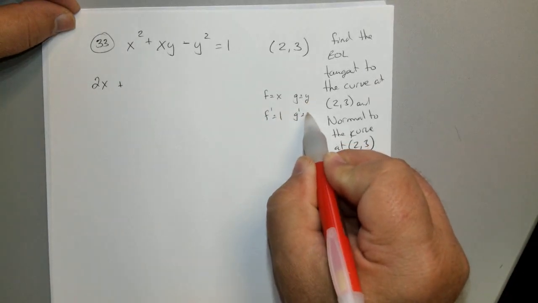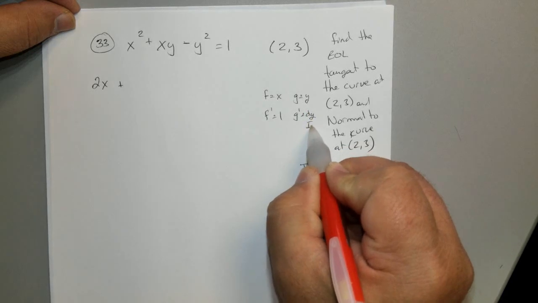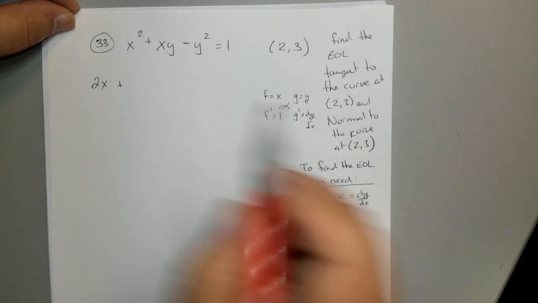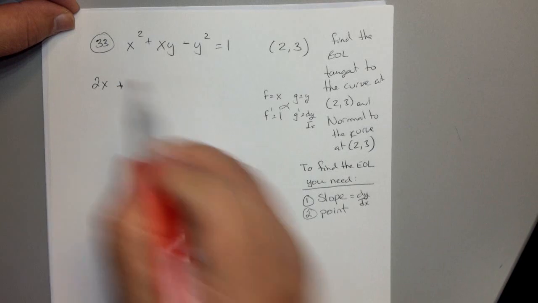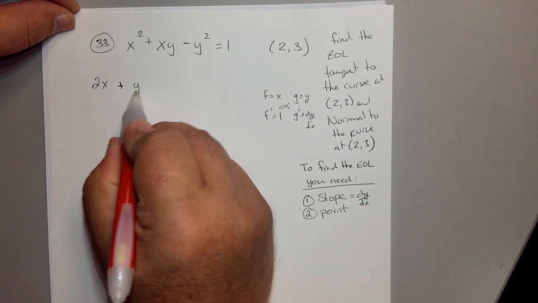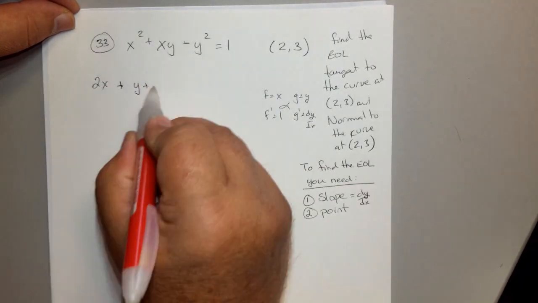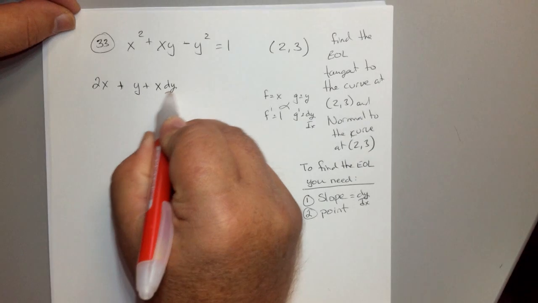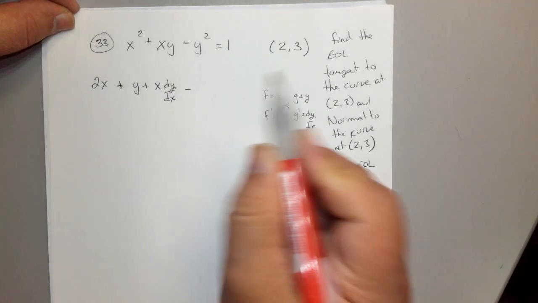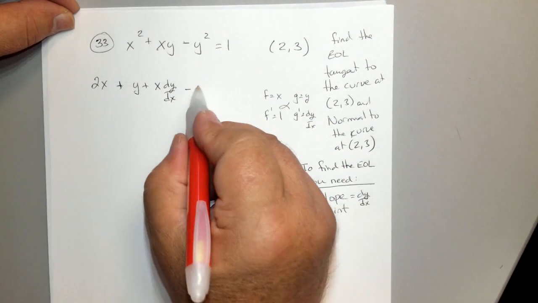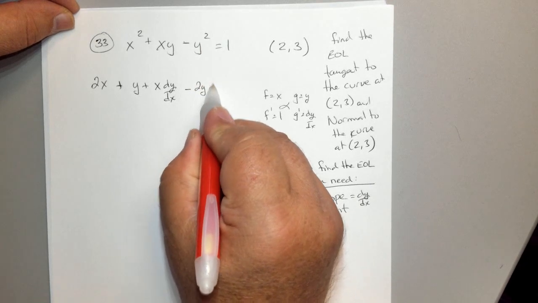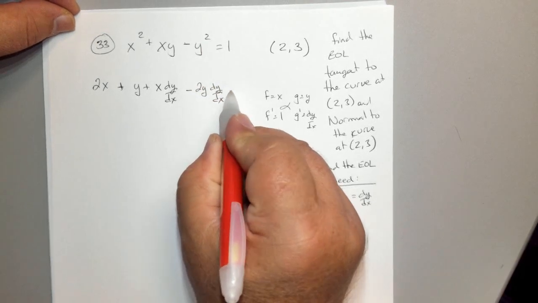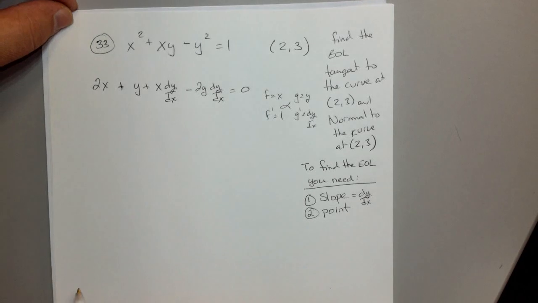Derivative of y is dy/dx. So this one's going to be y plus x dy/dx. Derivative of y squared is 2y dy/dx equals 0.